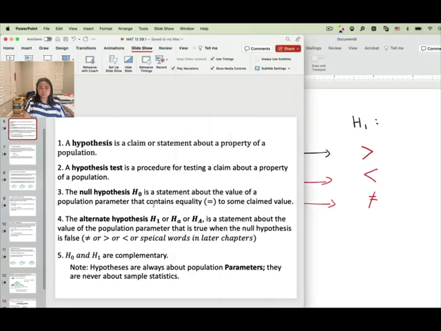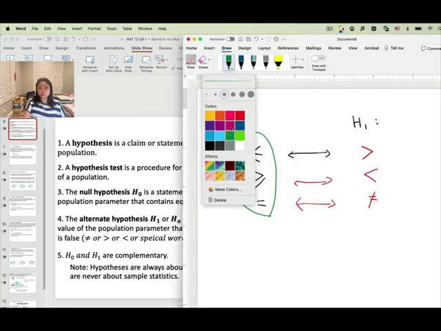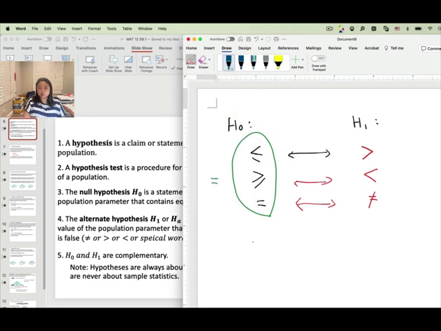The null hypothesis is a statement about the value of a population parameter that contains equality to some claimed value. For these sessions, we are working on population proportion. Remember, we use P for the notation.